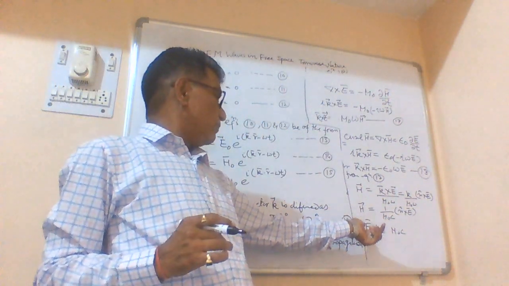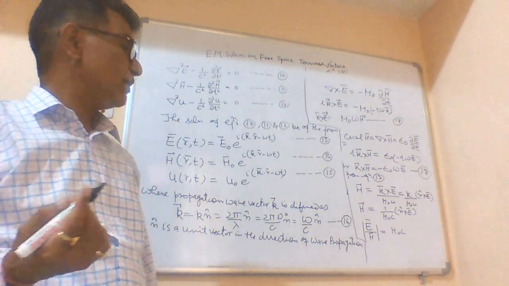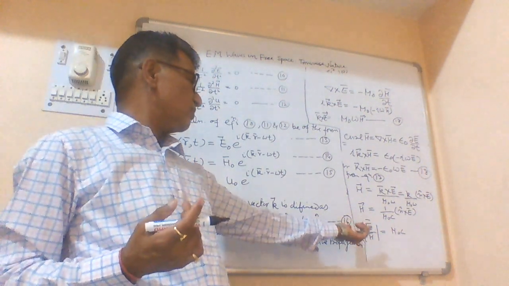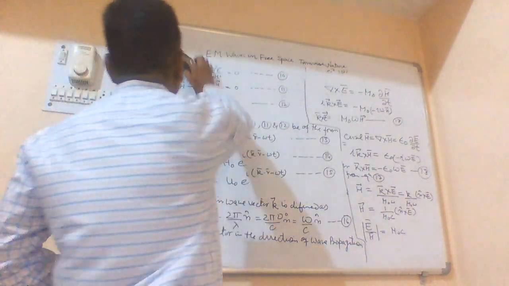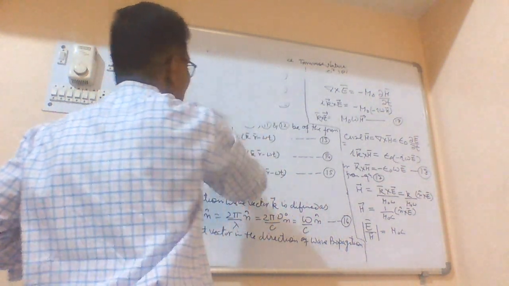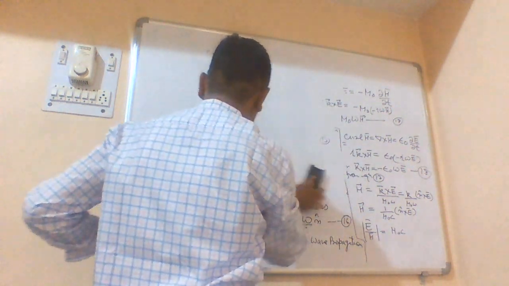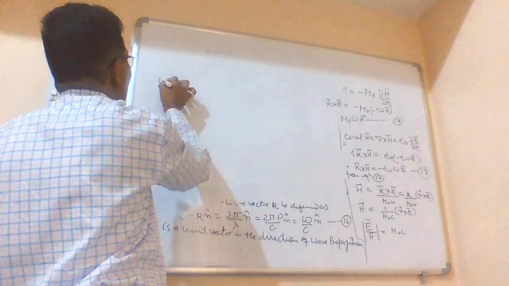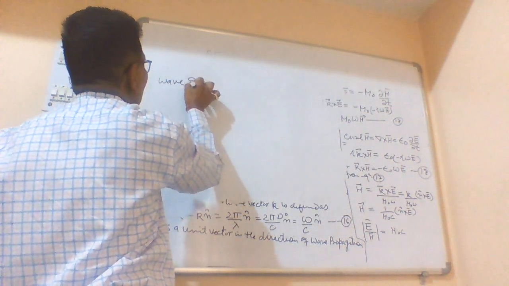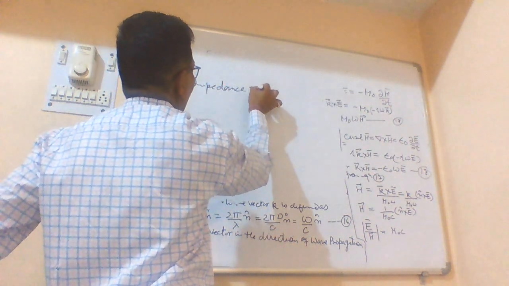The dimensions of the ratio E by H are equivalent to the dimensions of impedance. So this is known as wave impedance, denoted by Z0.